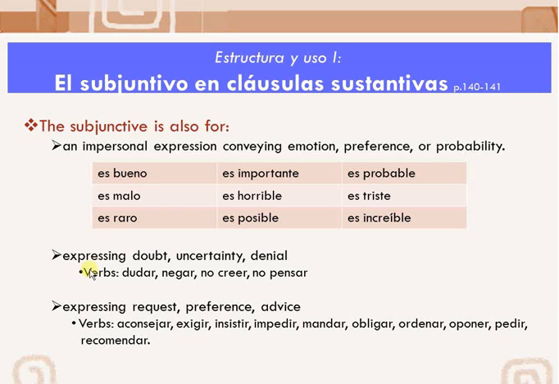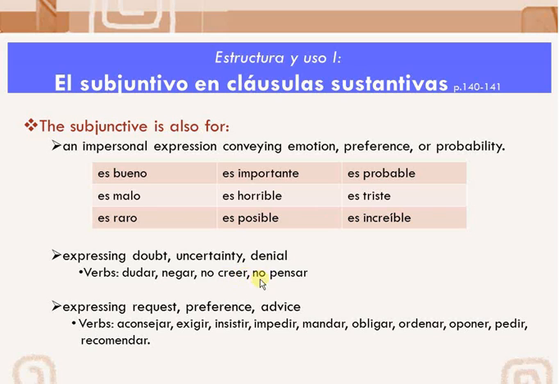The subjunctive is also used for expressing doubt, uncertainty, and denial. Because remember, when we use this mood, you are expressing something that is uncertain, okay? So you're going to use verbs like dudar, negar, no creer y no pensar.